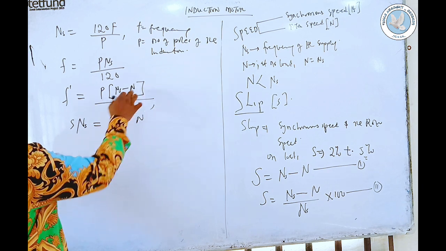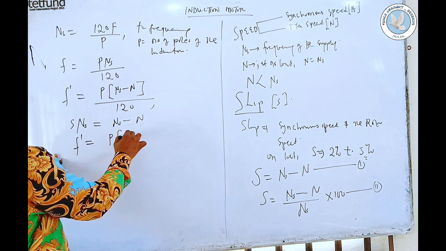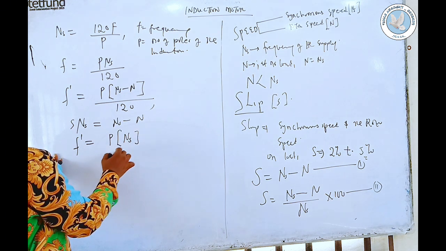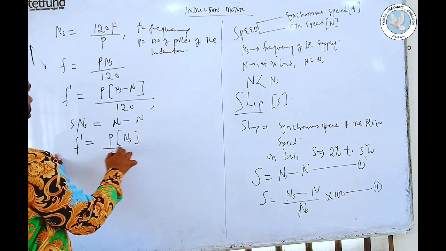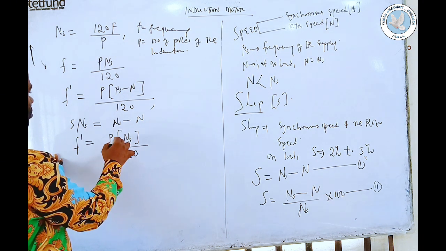Replacing this in this, we have that this is equal to P Ns divided by 120, we add s.